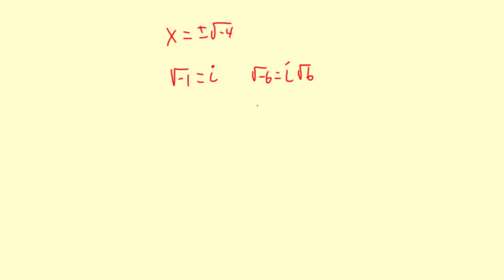And this works out because square root of negative 6 is the same thing as square root of negative 1 times square root of 6. So the negative 1 becomes your i, and then you have i square root 6. And this square root of negative 6 is called an imaginary number.